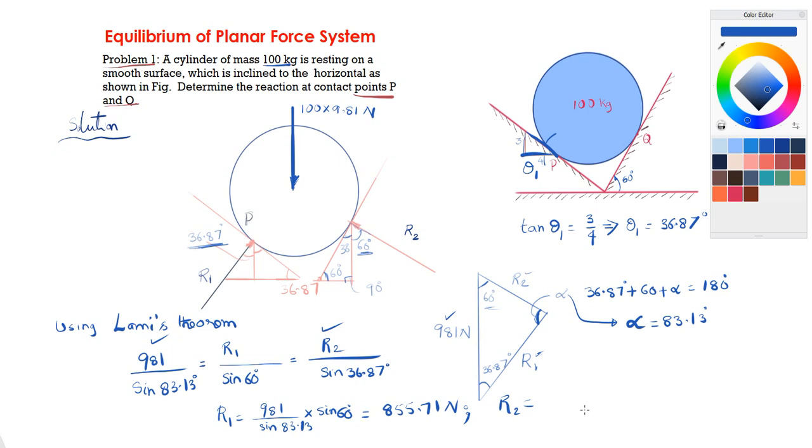So R2 will be equal to 981 divided by sine 83.13 multiplied by sine 36.87, which is equal to 592.86 Newton. So this is how we can solve for the unknown reactions that are applied by the contact surface at point P and point Q.